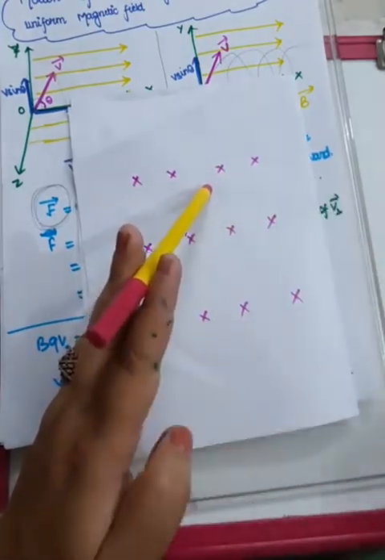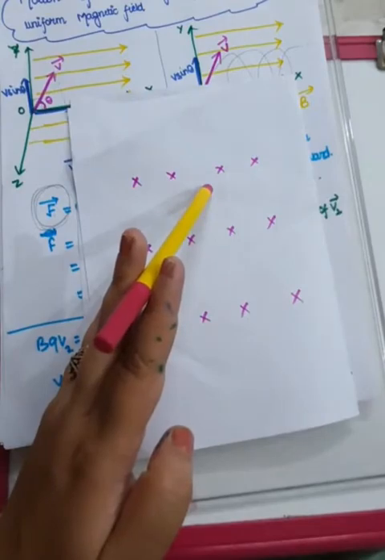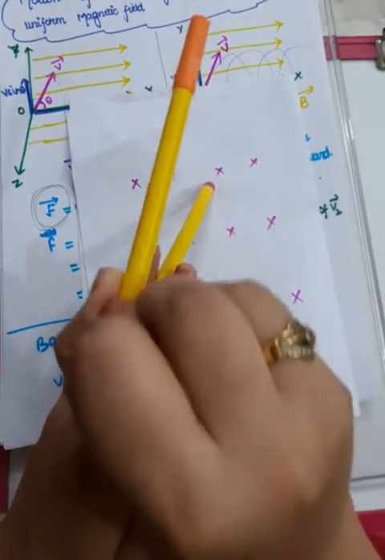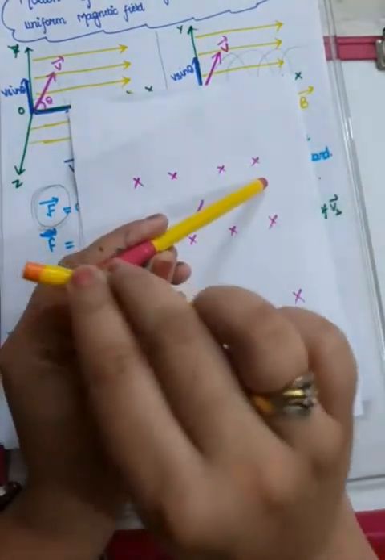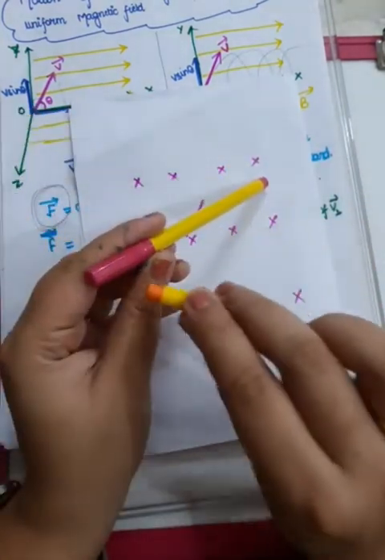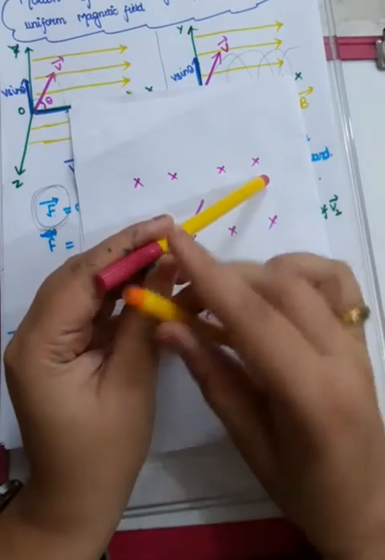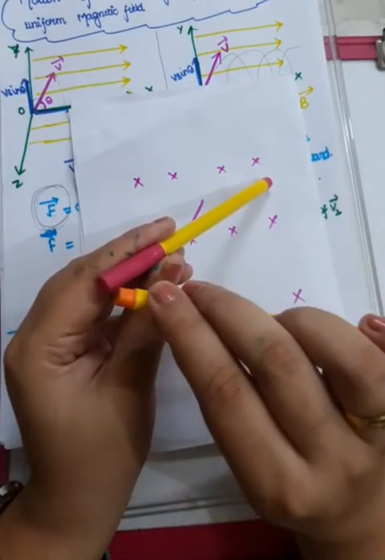Okay, suppose now a charged particle comes like this, making an angle theta with the magnetic field.